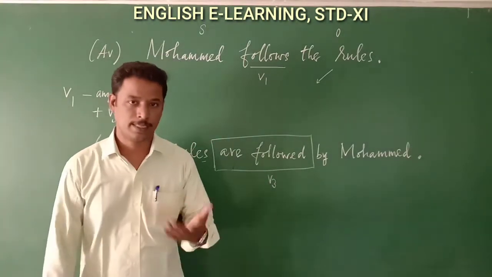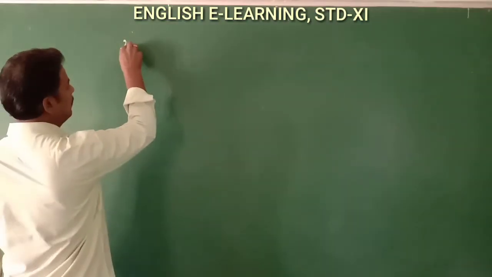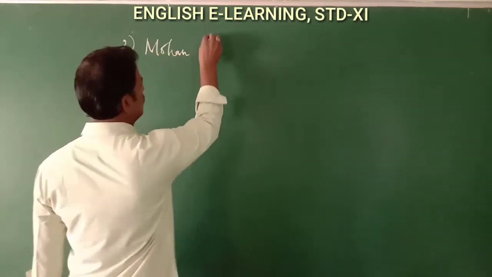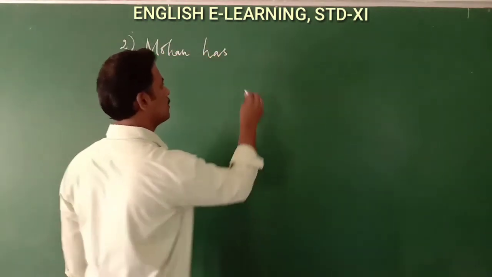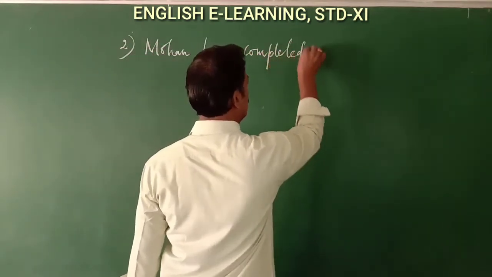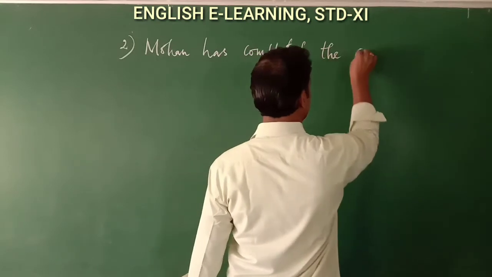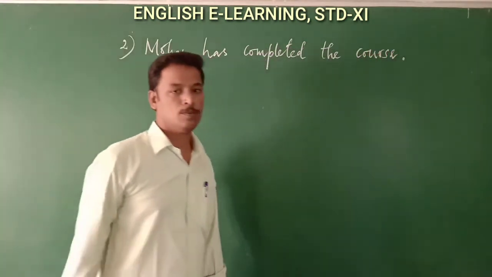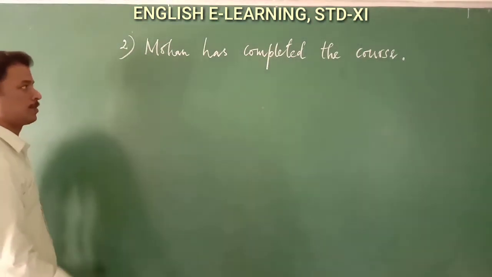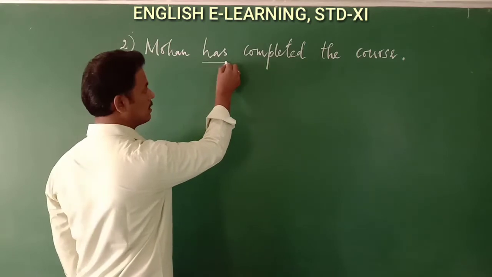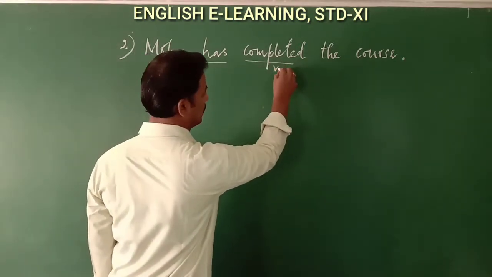Let's move to the second example. Mohan has completed the course. Mohan has completed the course. Right. Find out the verb pattern here. Has plus verb 3.